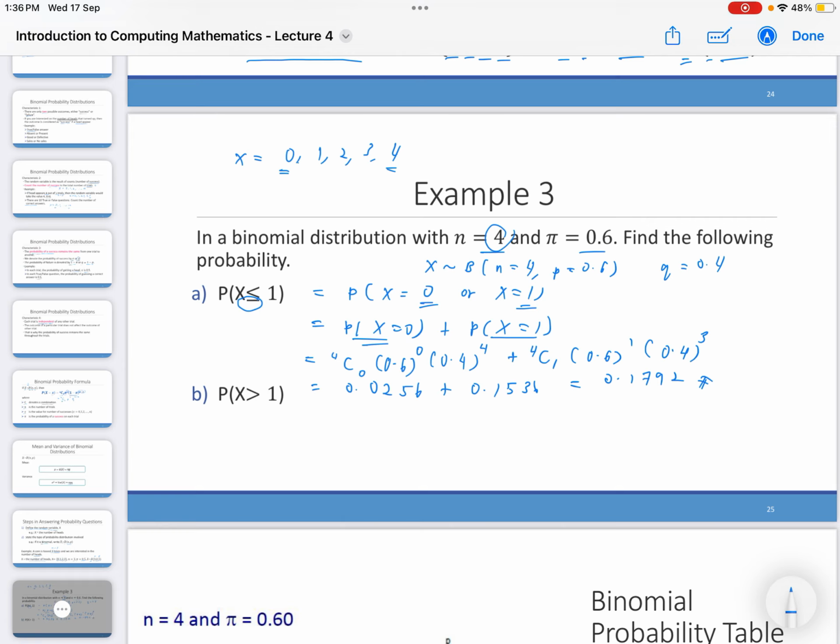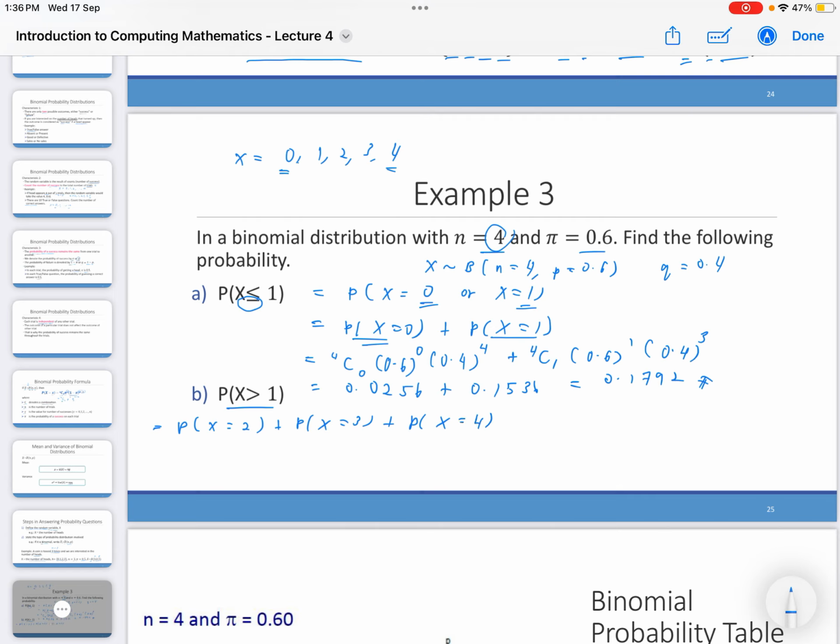We want to calculate probability of x greater than 1. Okay, remember here, greater than 1 without the equal sign. So this one is probability of x equals 2. 1 is not included, so probability of x equals 2 plus probability of x equals 3 plus probability of x equals 4.